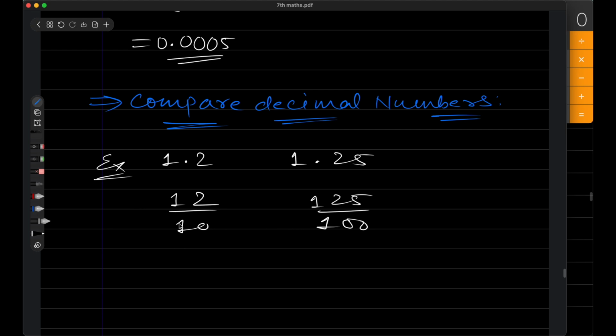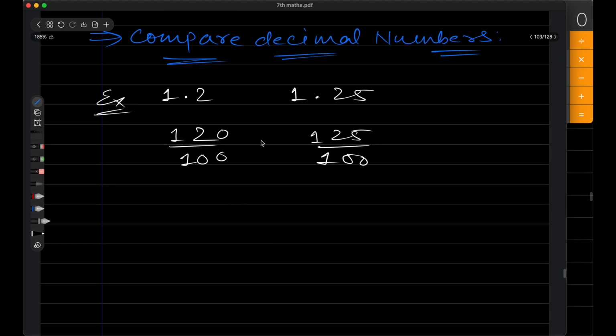The smaller denominator is 10, so we multiply it to make it equal to the bigger denominator, that is 100. Now both denominators are the same. Whichever numerator is greater, that fraction will be greater. In this case 125 is greater than 120, so 1.25, the original decimal, is greater than 1.2.